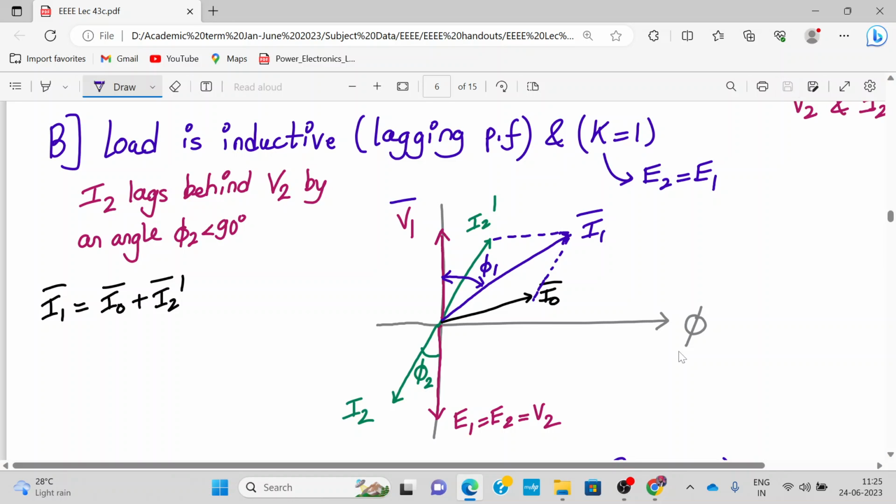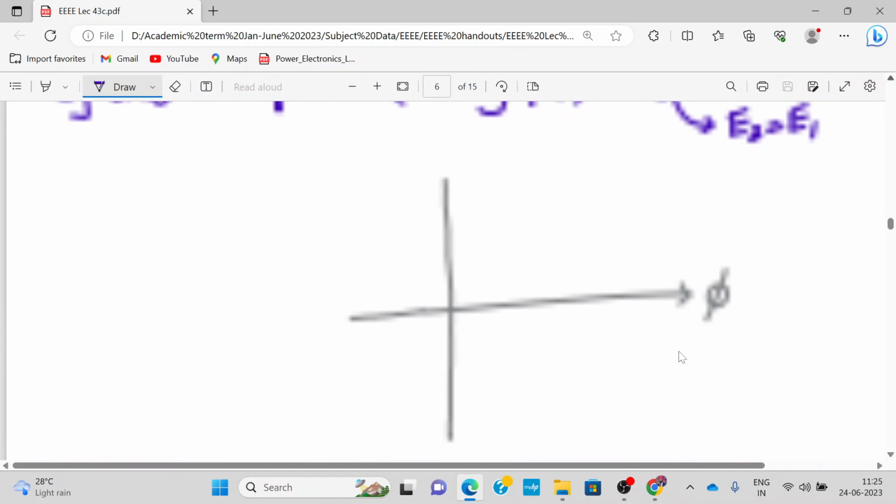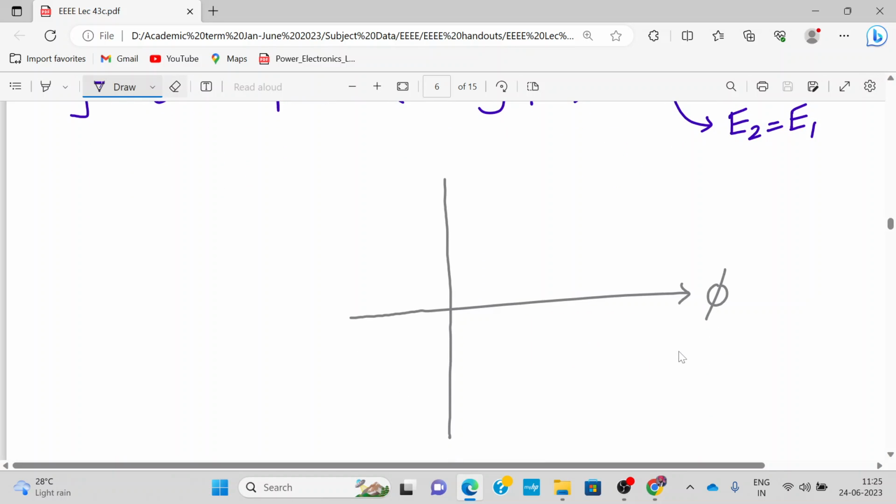Now what happens when the load is capacitive? When the load is capacitive, the same story will repeat. Let me start by drawing it. We have E2 equal to E1, which is equal to V2, and here we have V1. This is clear, right?